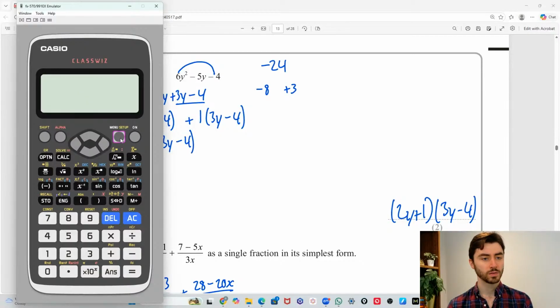So I went to, nope, not that, shift. No, I didn't do that. What did I do? I went to menu, yeah. So you can go to equation function, polynomial, degree 2, and so it's 6 and minus 5 and minus 4.